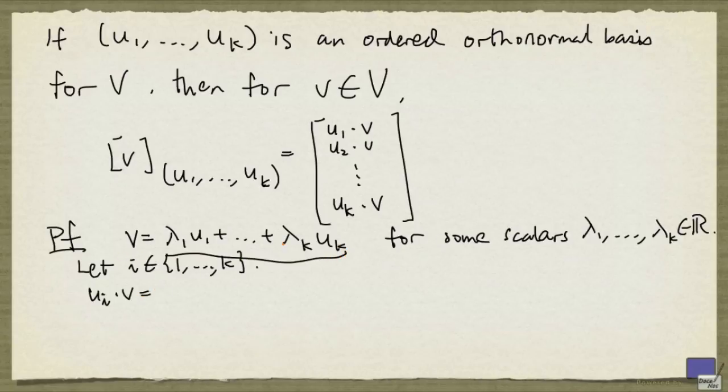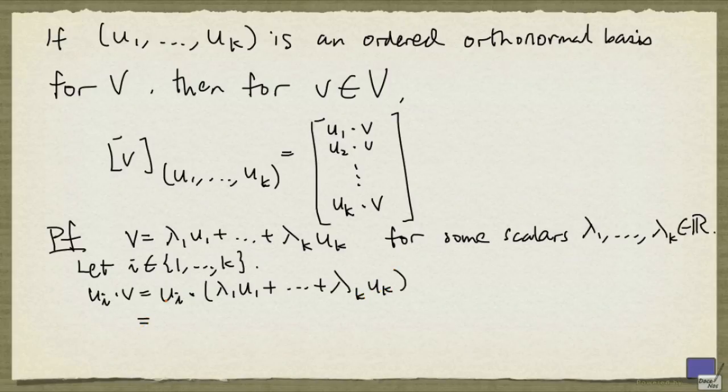Since v is this here, I can write this as ui dot lambda 1 times u1 plus all the way to lambda k times uk. Now I can rewrite this as lambda 1 times ui dot u1 plus and so on up to lambda k times ui dot uk.